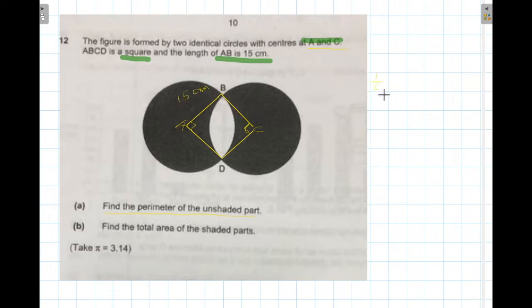And if I look from this side, here is a square, and then I have another quarter of a circle. So I have 2/4 of a circle, which means a semicircle is half, right?